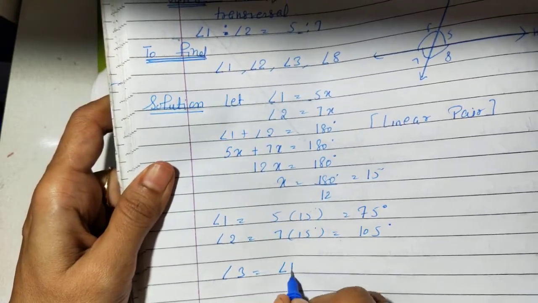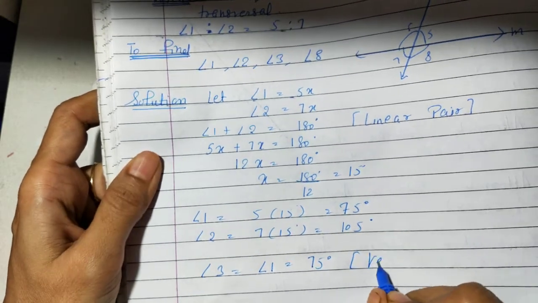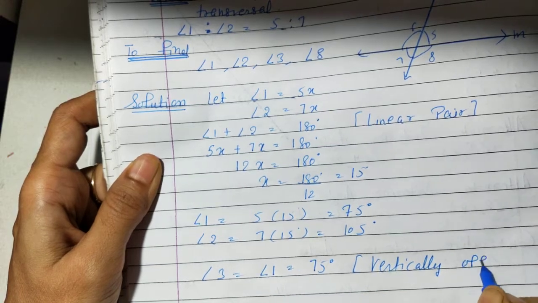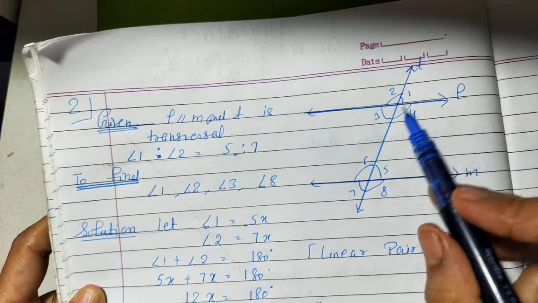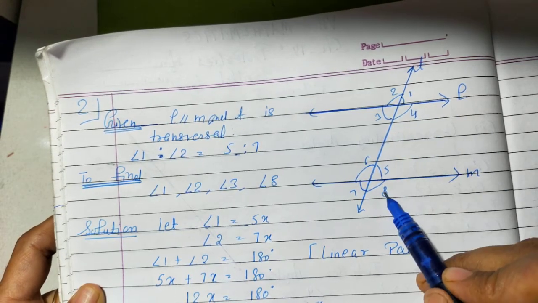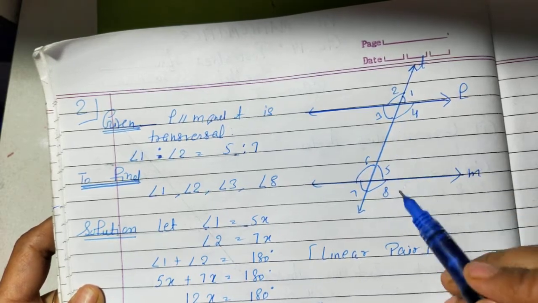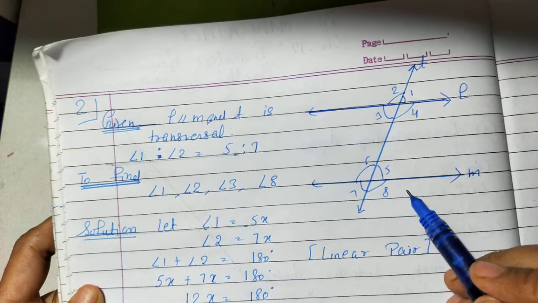Rest, you have to find out angle 3. Now angle 3 is equal to angle 1 is equal to 75 degrees, vertically opposite angles. Look at the figure first. Angle 3 is equal to angle 1, vertically opposite angles. Now angle 8 we have to find out. Angle 8 and angle 2, both are equal. Which one? Again, alternate exterior angles.